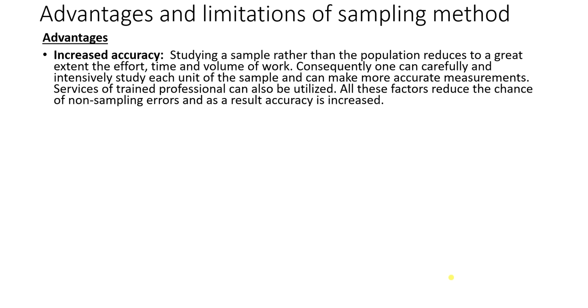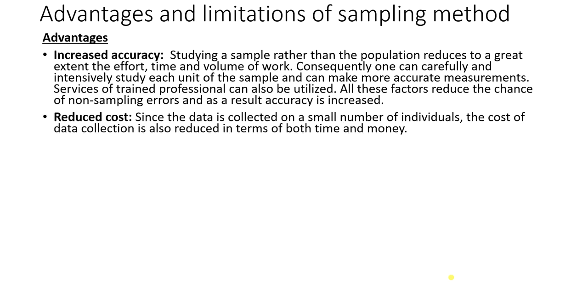And this will result in more accurate measurements and more accurate findings. Similarly, if the sample size is small, we can recruit trained professionals. And if trained professionals are doing a study and collecting data, then again this will reduce the non-sampling errors and the accuracy of findings will improve. So increased accuracy is one advantage of the sampling method.